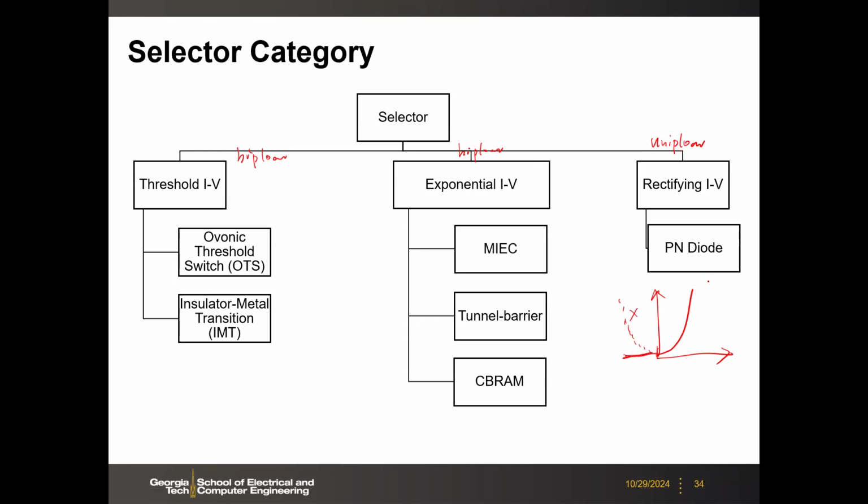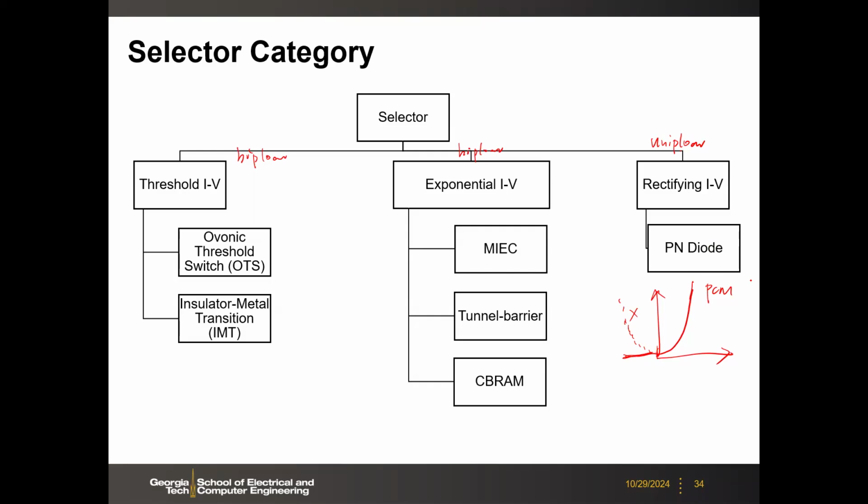So this could be useful for phase change memory because phase change has only one polarity, right? You set and reset with the same voltage polarity. So this could be used for the PCM, and I will show you some examples later in the PCM lecture.